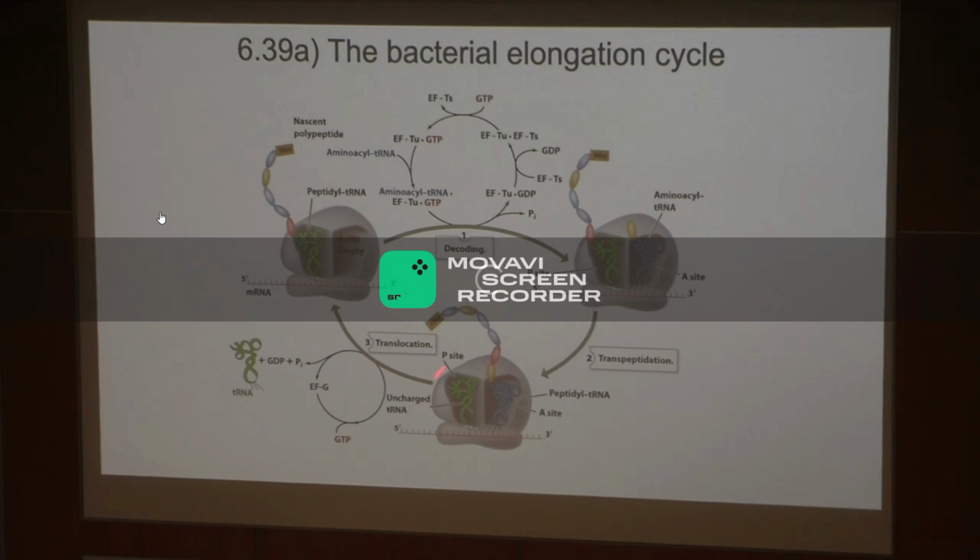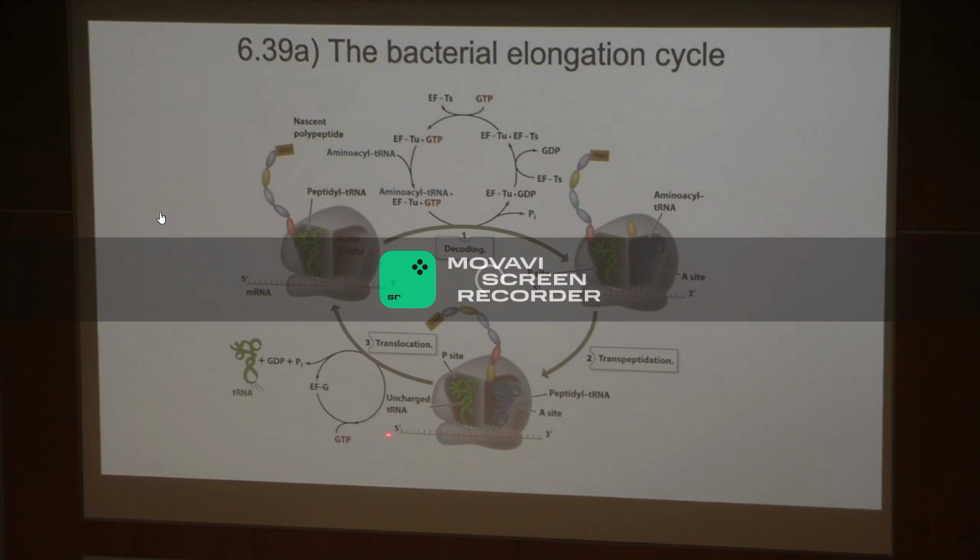All right, so what happens next? Well, now translocation needs to occur. The whole ribosome needs to move down the messenger RNA by 3 nucleotides, by 1 codon.